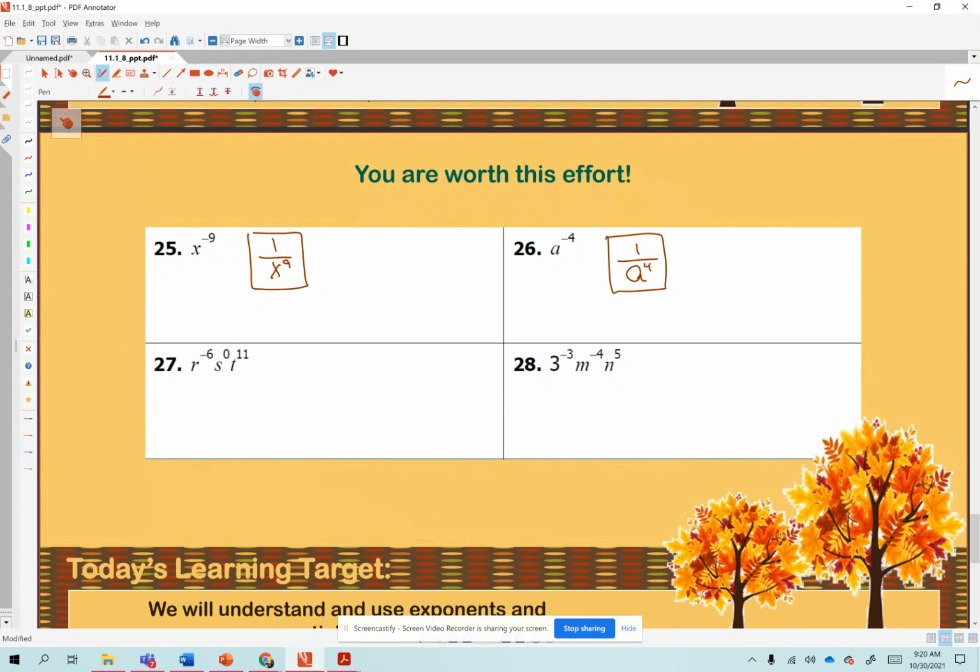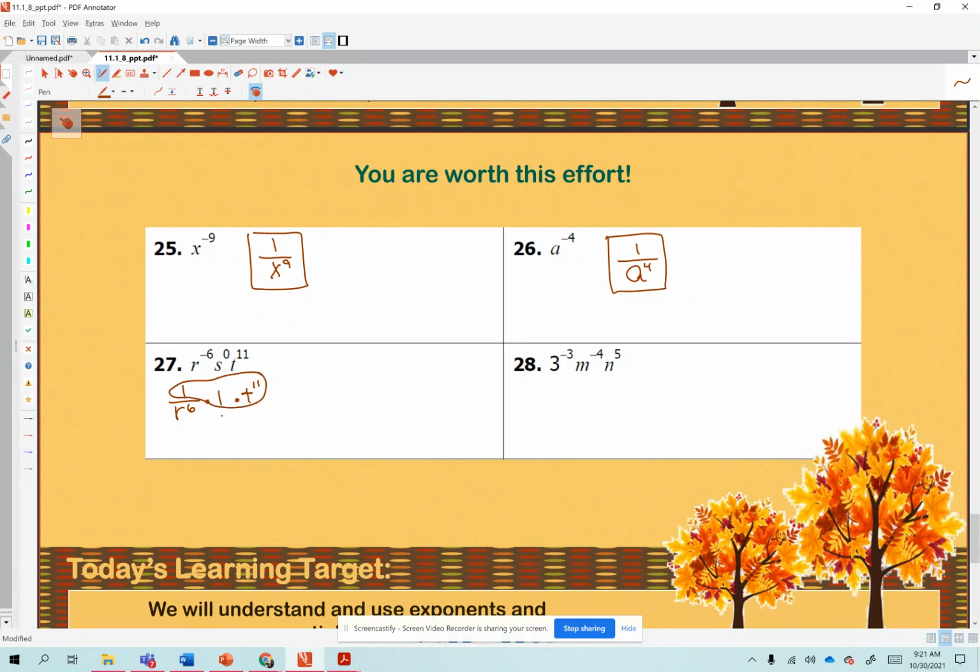Now, r to the negative 6 times s to the 0 power times t to the 11th, that would be 1 over r to the 6 times s to the 0, which is 1, times t to the 11th power. Okay, so all of these are numerators.